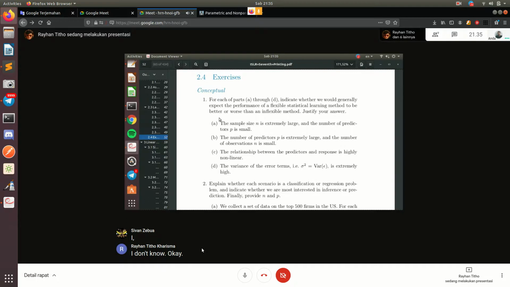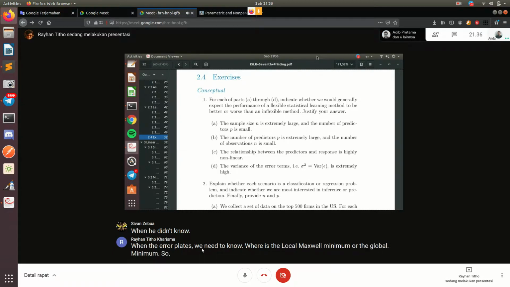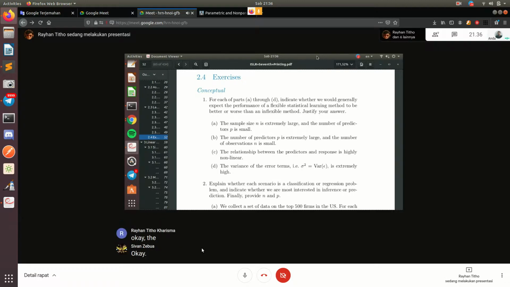I think the flexible method is going to be the answer, because when you have extremely high variance of the error, the error fluctuates. When the error fluctuates, we need to know where the local maximum, local minimum, or global minimum is.